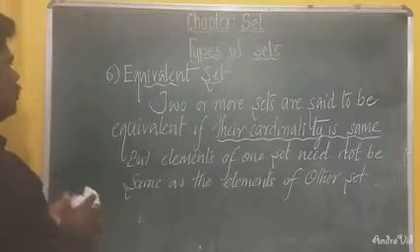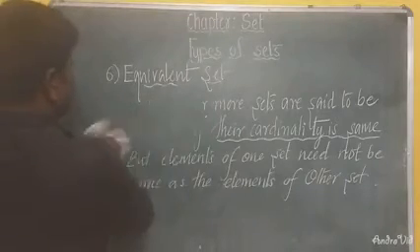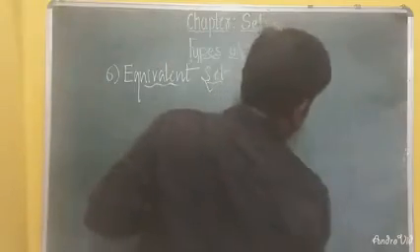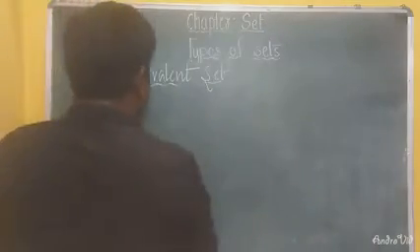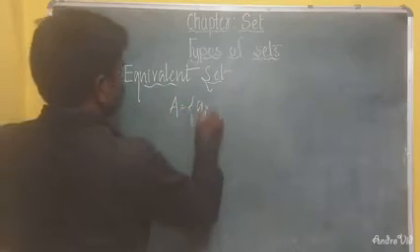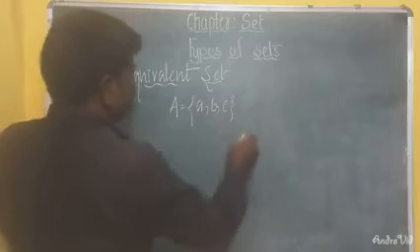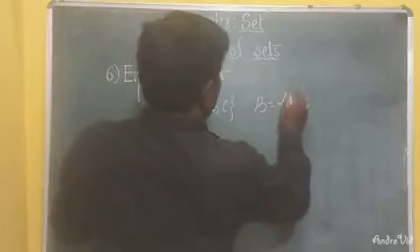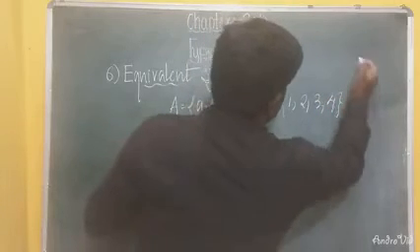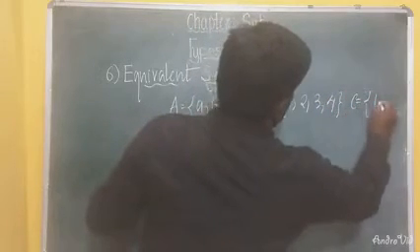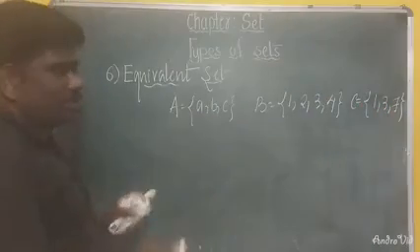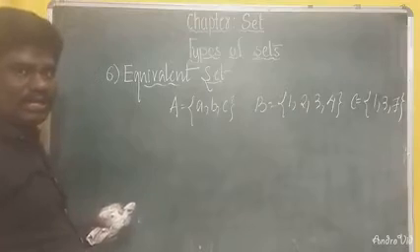Now I would like to give one example so that I can make you understand what are equivalent sets. Now see here, I will take A is equal to {1, 2, 3}, B is equal to {1, 2, 3, 4}, whereas C is equal to {1, 3, 7}. Before we proceed further, let us find their cardinalities.